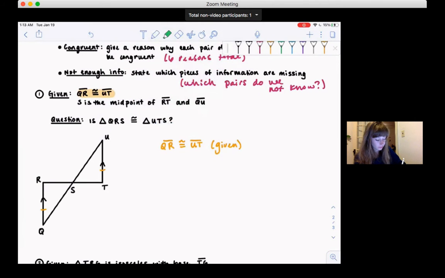Our next piece of information says that S is the midpoint of RT, this segment, and QU, this segment. And remember, midpoint means exactly in the middle. So it's splitting those segments into 2 congruent parts.